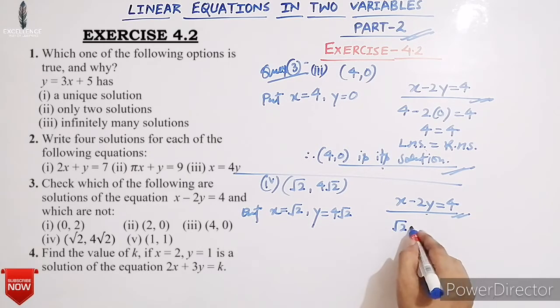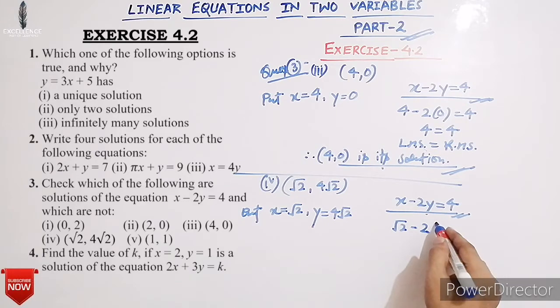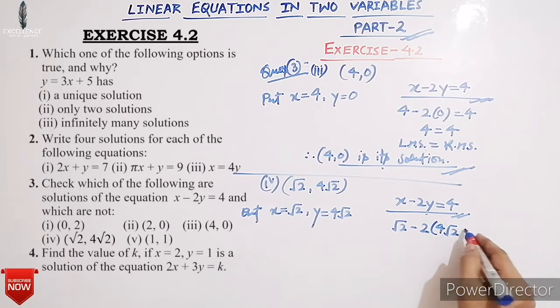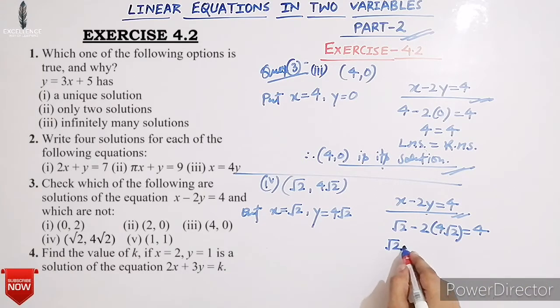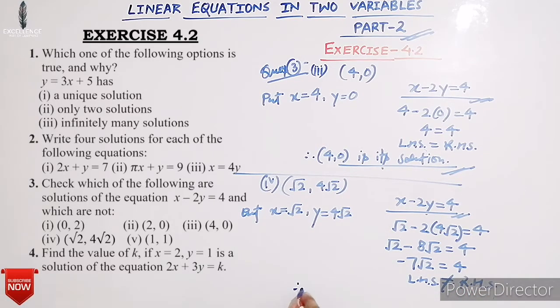So we have root 2 minus 2 into 4 root 2 equals 4. So here root 2 minus 2 into 4 root 2, that is root 2 minus 8 root 2, equals 4. So here we get minus 7 root 2 equals 4. Here LHS does not equal RHS. So (root 2, 4 root 2) is not its solution.